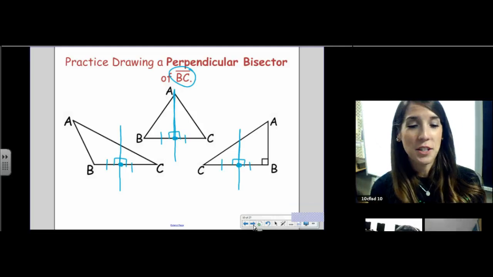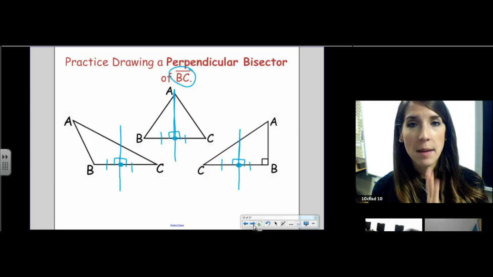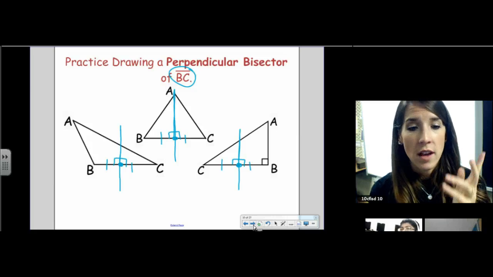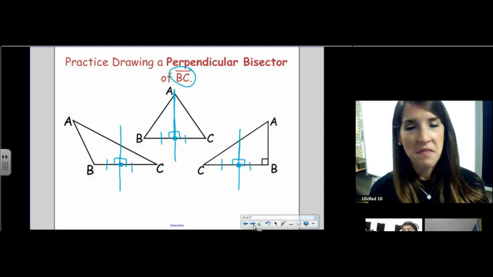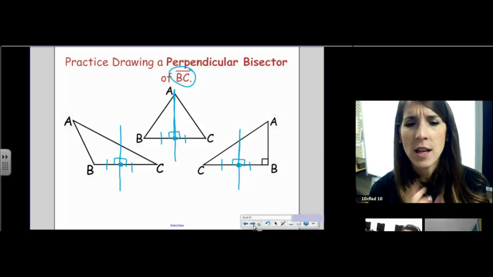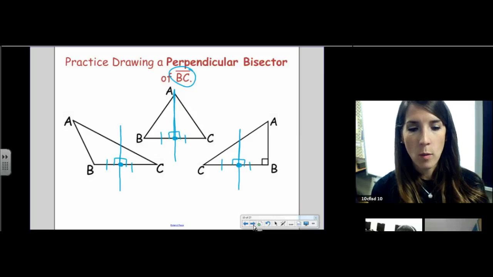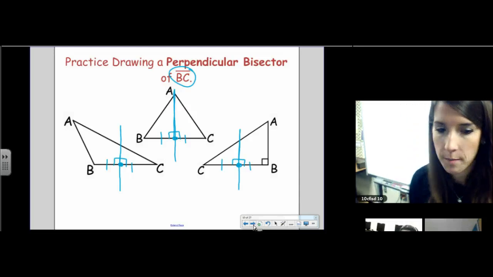I didn't necessarily want you to say that it bisects A, but that's the only time the segment actually goes through an angle. In the obtuse one, that segment doesn't go through a vertex. In the right one, that segment doesn't go through a vertex, but in the middle one, it does go through a vertex. And we'll talk later about whether it actually bisects it or not.